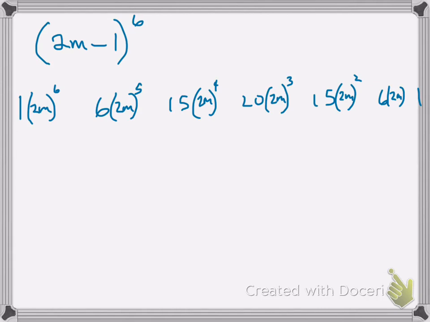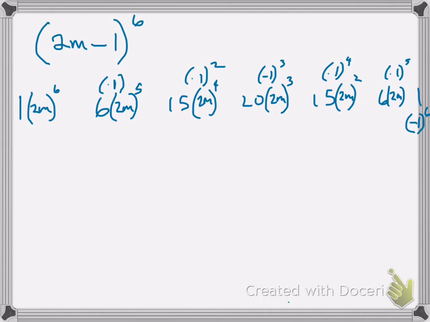But we're going to start out here with negative 1 to the 6th. I'm going to put them above, negative 1 to the 5th, negative 1 to the 4th, negative 1 to the 3rd, negative 1 squared, negative 1 to the 1st power, and then no negative 1.